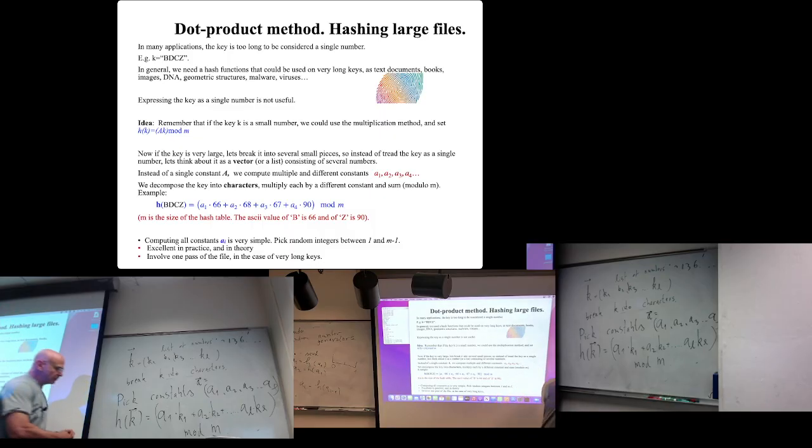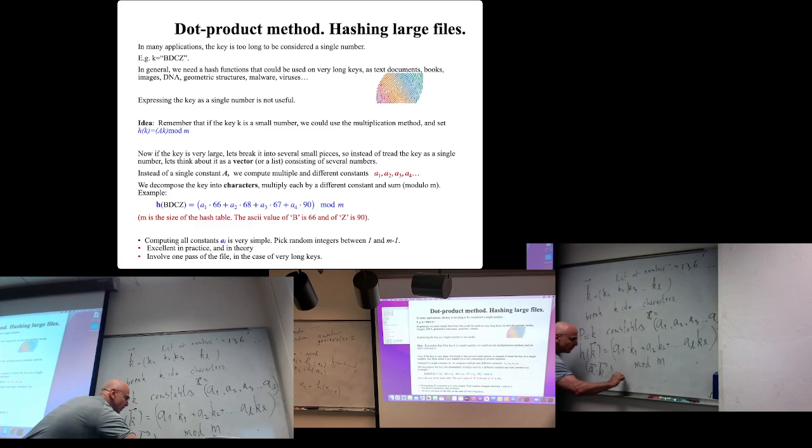Why is this a dot product method? Because all we did was to take the vector A, multiply by the vector K, and do all of it mod M. Dot product just takes the first times the first plus the second times the second, and so forth. And to start with, that's a really good hash function for long keys.